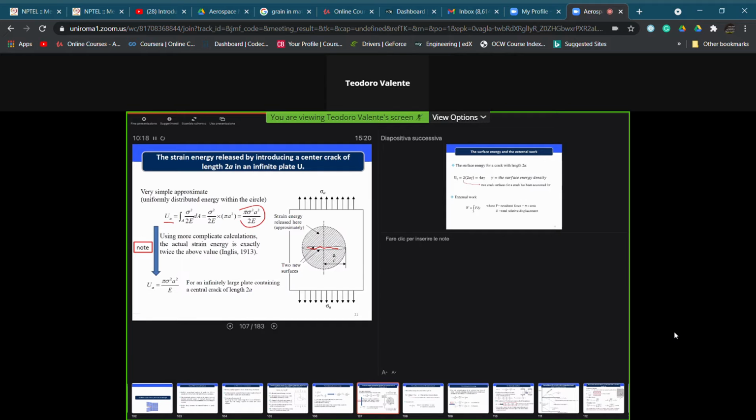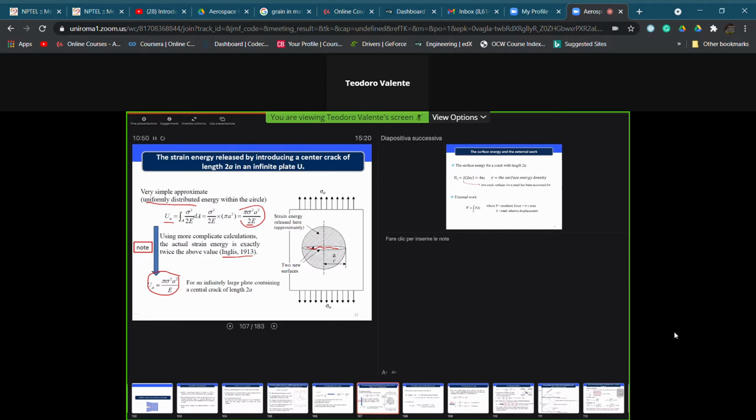As I told you, there is also the possibility to make somewhat more sophisticated, or if you want, complicated calculations by removing this hypothesis of uniformly distributed energy within the circle. This is done by the English approach. Well, just trust me, this is the final formula that we can obtain, which you can see is different from the previous one.